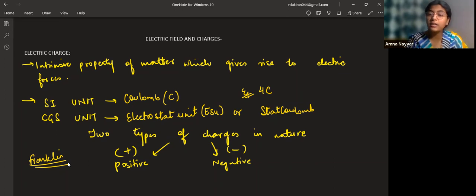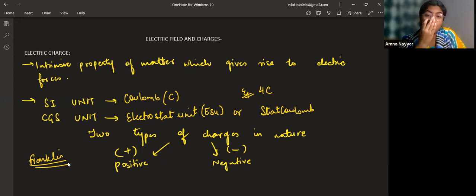It seems like there are certain bases for positive and negative, but this has no basis. Basically, he observed that two types of behavior occur when the charges are experimented. So one group he randomly named positive, the second group he randomly named negative. Later details will be discussed.